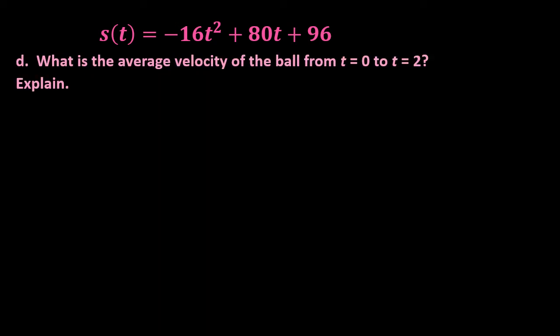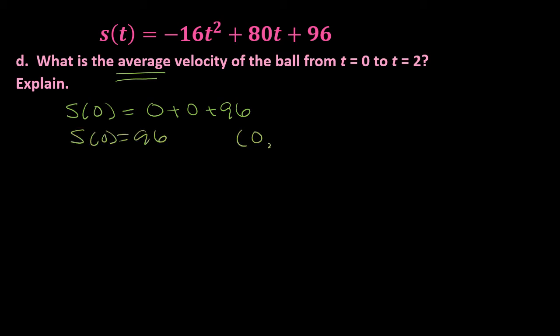All right. So what is the average velocity from t equals 0 to t equals 2? I need to find s of 0, which is going to be 0 plus 96. So s of 0 is 96, which means the point (0, 96) is a point on your graph. And then I also need to find s of 2.